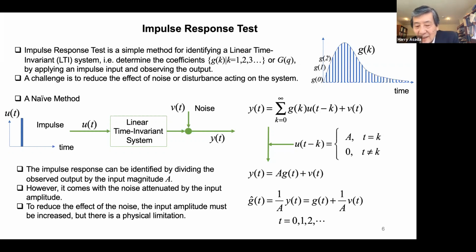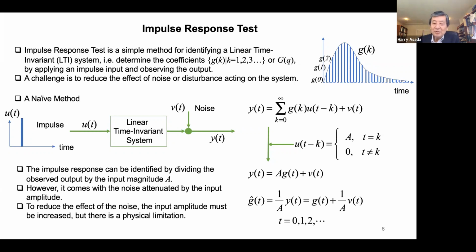This kind of naive method has one problem, right? It always comes with this noise. To reduce the effect of this noise, what you need to do is use a larger a, which means you hit the system more strongly.